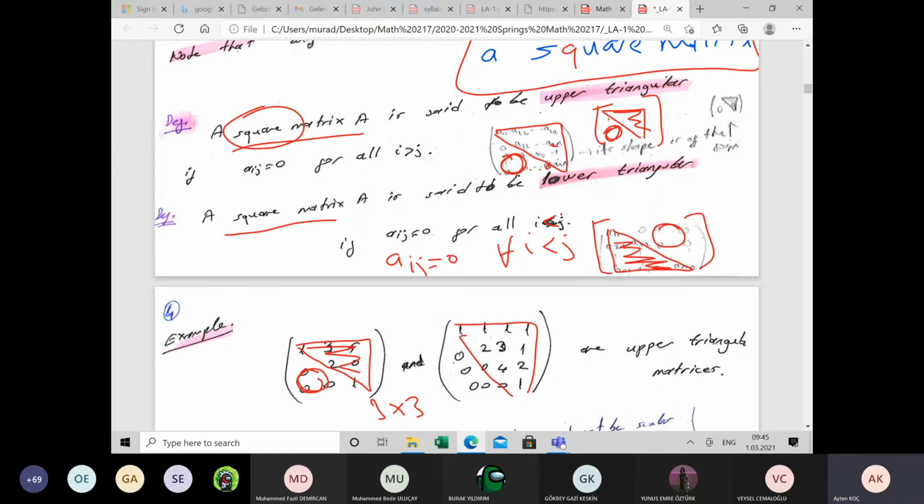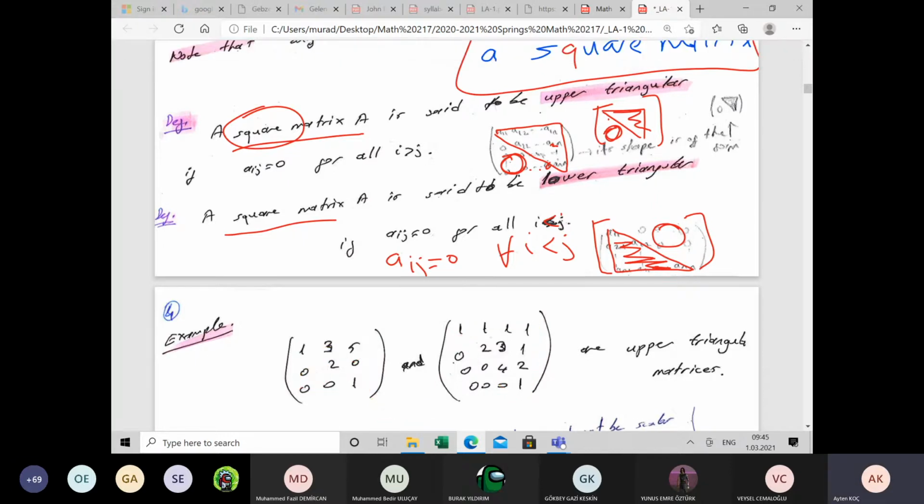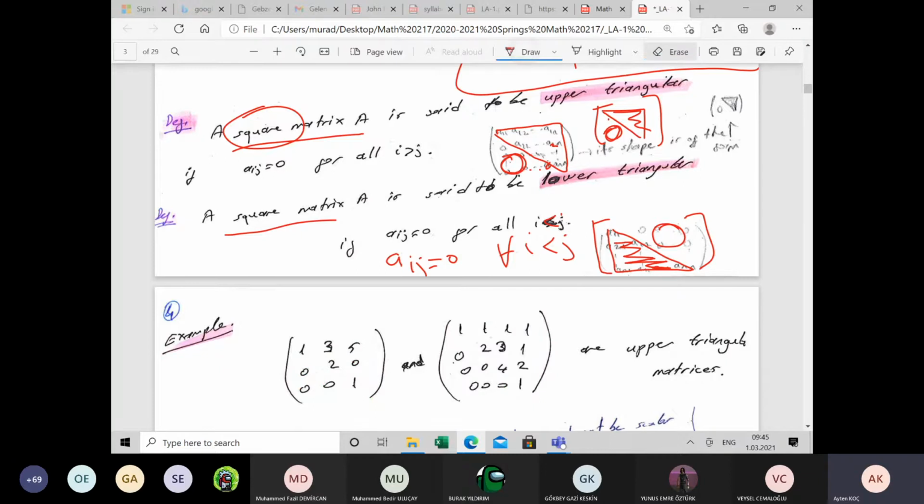Also let's give an example of a lower triangular matrix. For example, 1 0 2 3. Look at this one. This one is a lower triangular matrix.